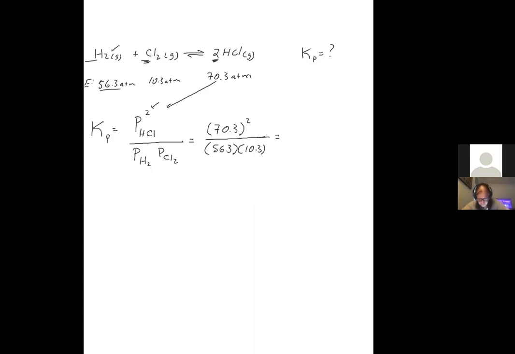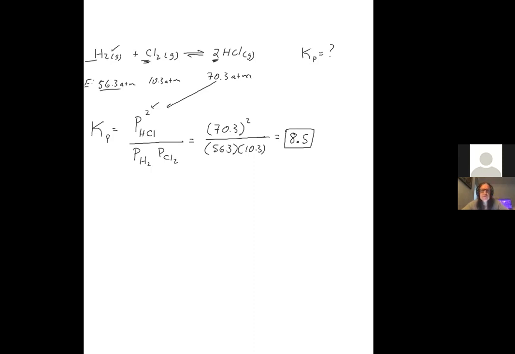It looks like it comes out to about 8.5 at 2 significant digits. So they get relatively simple. As long as we know what the equilibrium pressures are, we can do that calculation.